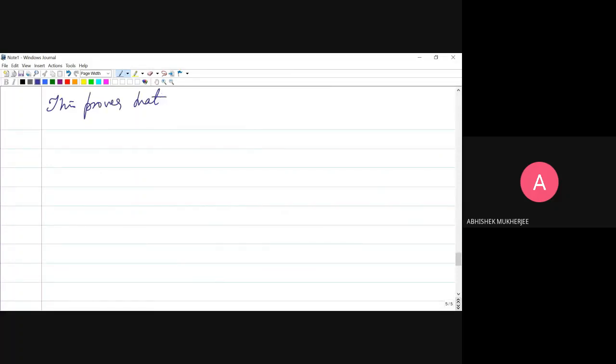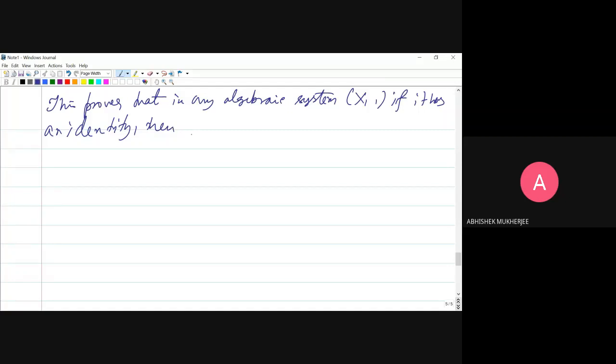So this proves that in any algebraic system (X, dot), if it has an identity, then it must be unique.